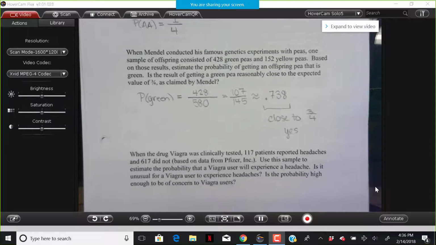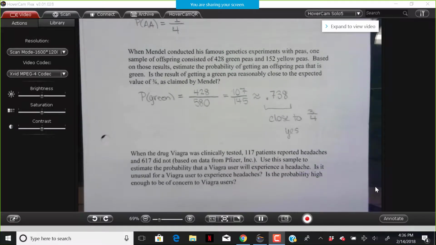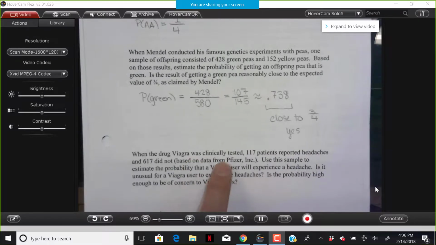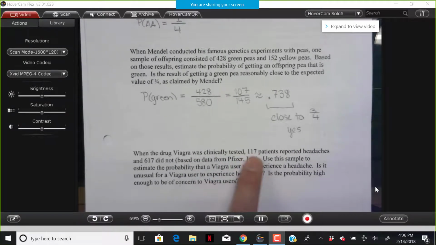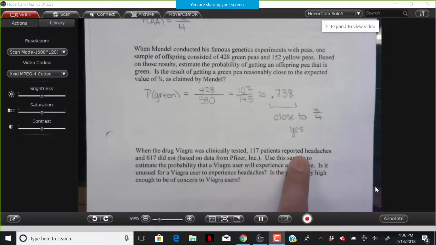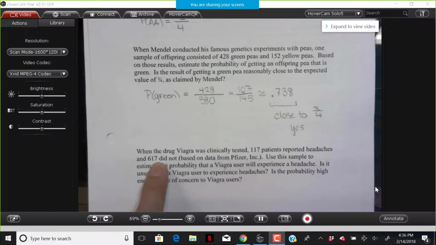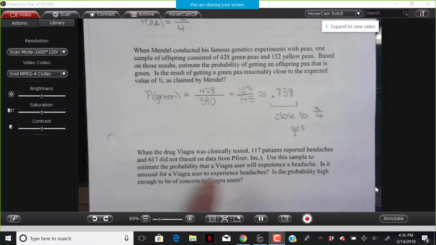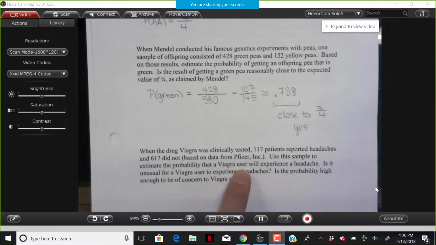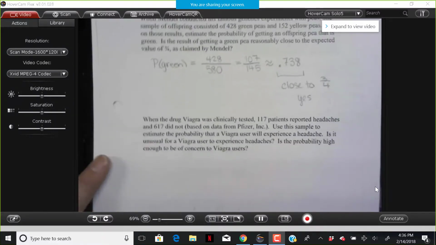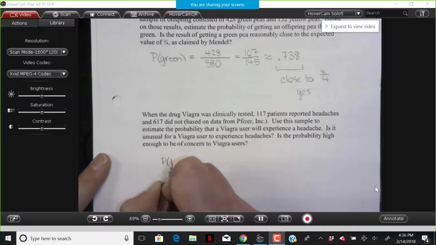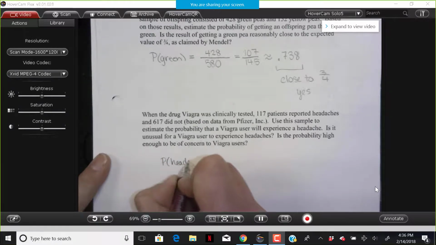So the next example deals with the drug Viagra. So it says, when it was clinically tested, 117 patients reported headaches and 617 did not, based on data from Pfizer. Use this sample to estimate the probability that a Viagra user will experience a headache. So we want probability of a headache.